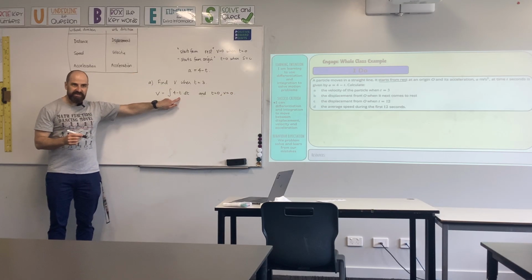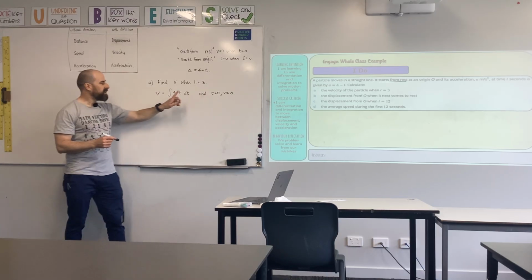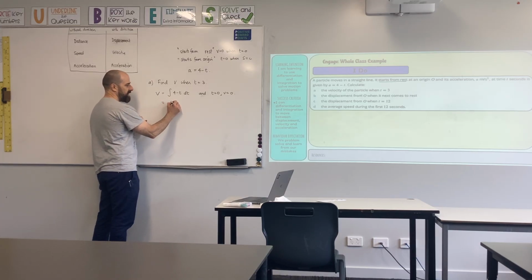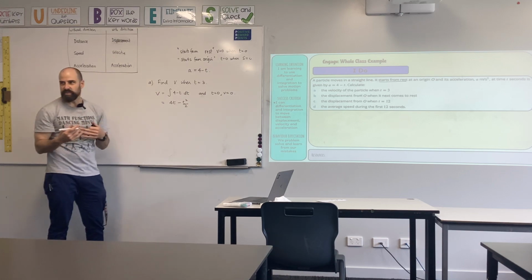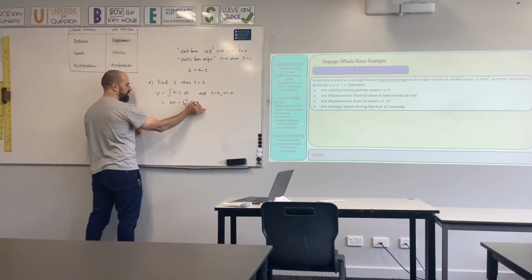So we're anti-differentiating at a point. We know how to do that: add 1 to the power, divide by the new power. What do we also have to have when we anti-differentiate? Plus c, good.